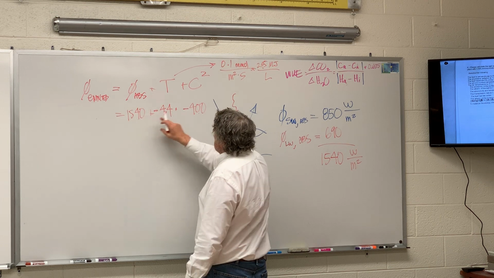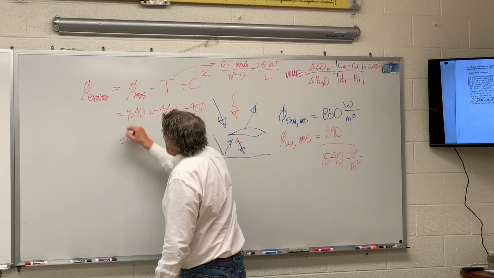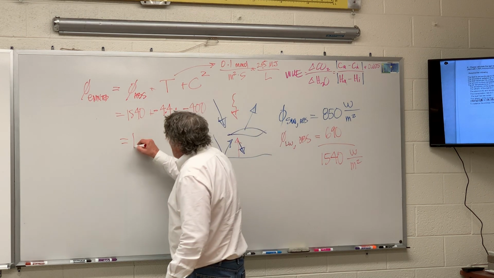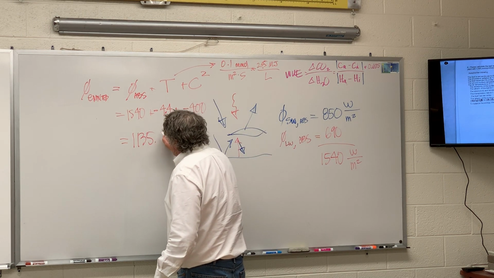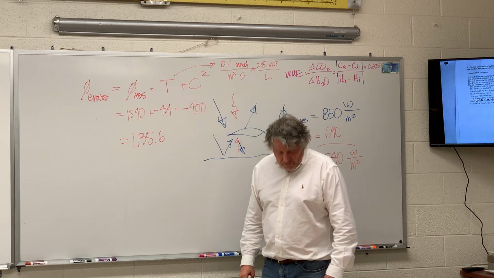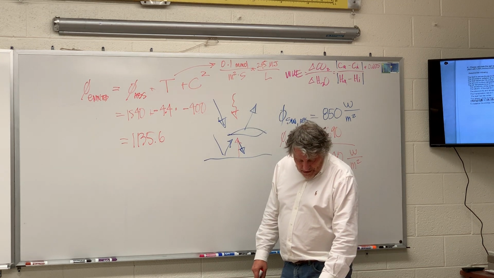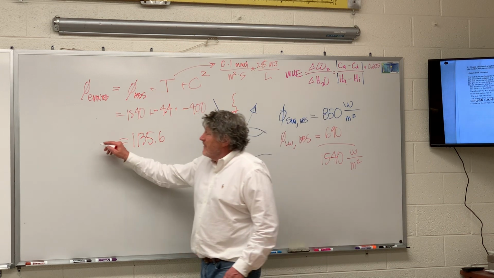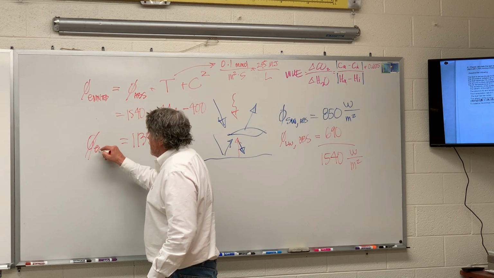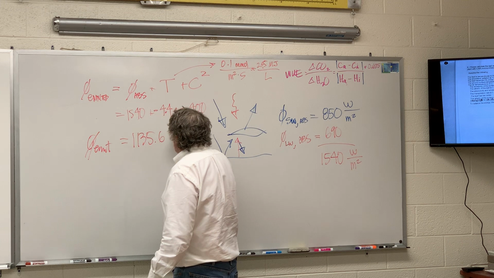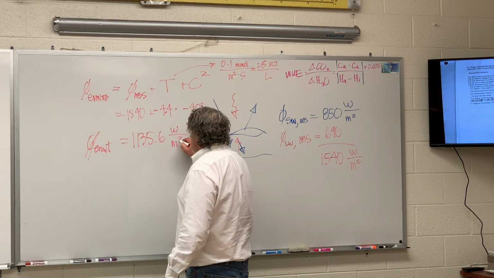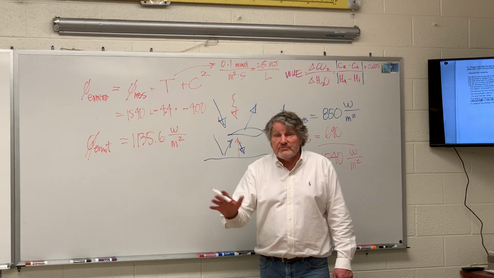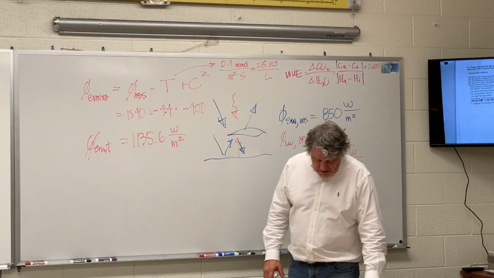So we take 1540, subtract these, and phi emitted comes out to be 1135.6 watts per meter squared. Now we're most of the way there. Now we just need to say what the leaf temperature would have to be to get there.